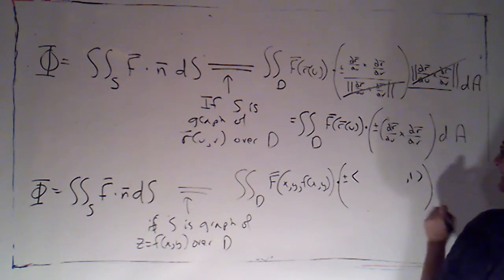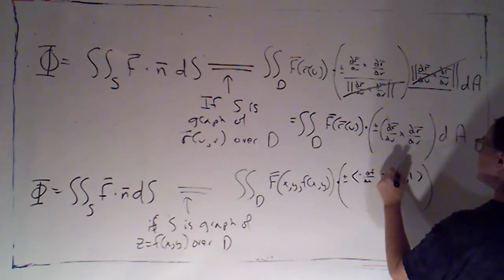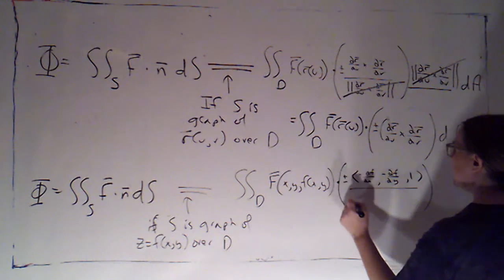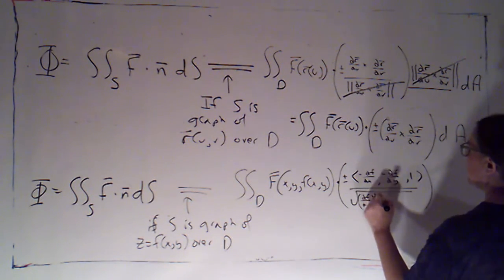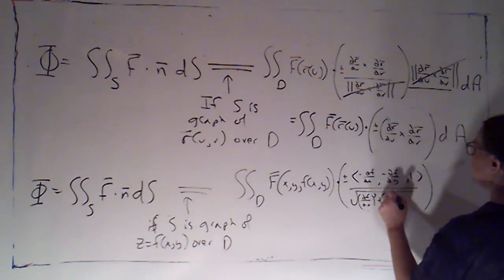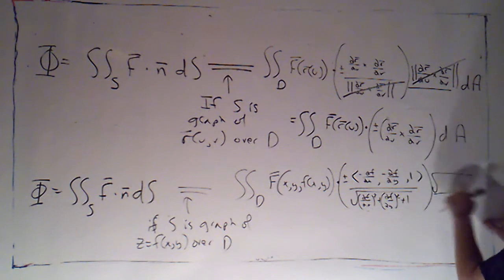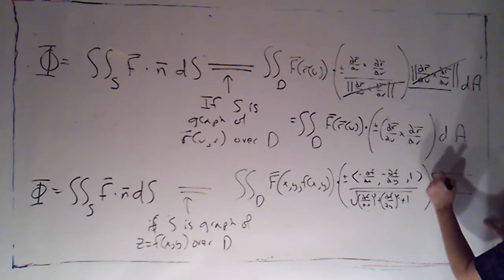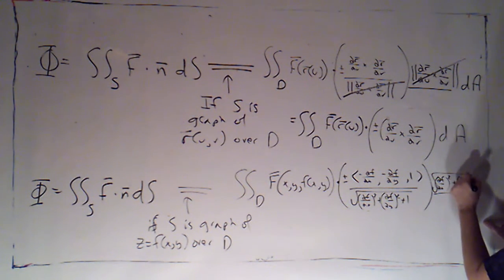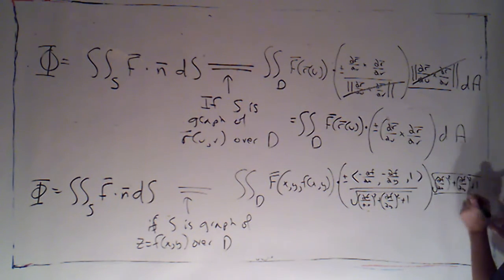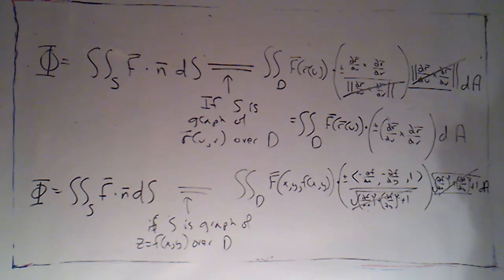We had a 1 here, if you recall, and a negative partial of f with respect to x, negative partial of f with respect to y, normalized, square root of partial f partial x squared, plus partial f partial y squared, plus 1. But then again, my scaling factor is exactly this denominator, square root of partial f partial x squared plus partial f partial y squared plus 1, dA, and that scaling factor cancels.